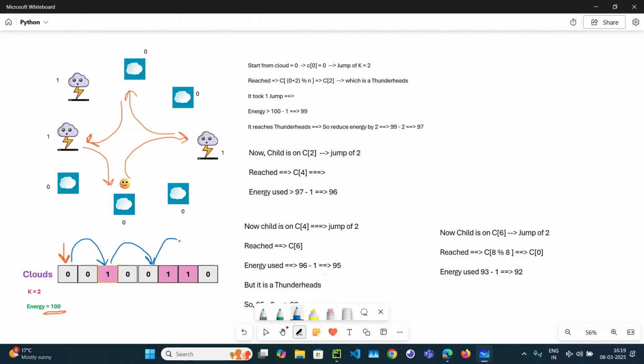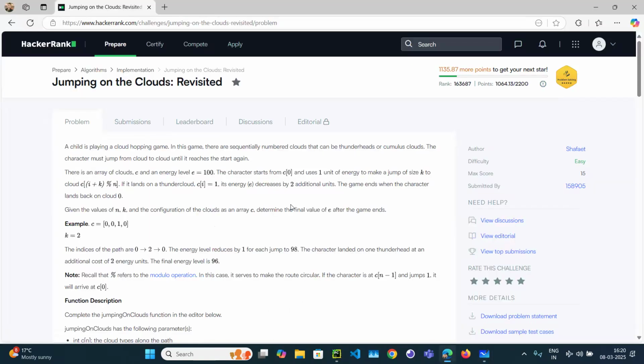Then again from here to here. I am reading only the half part of the question. That is the normal scenario, but there is one more condition given. So this is the starting point.